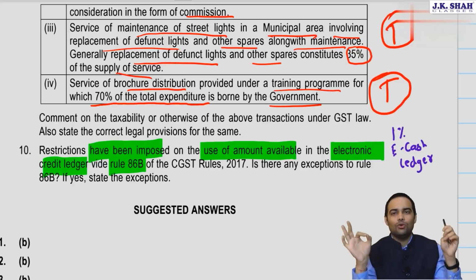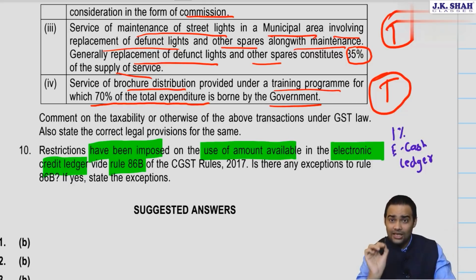So if your output tax is 100, then you can use 99% of that, which is 99 rupees, to be paid through e-credit. In other words, 1% has to be paid in e-cash ledger.